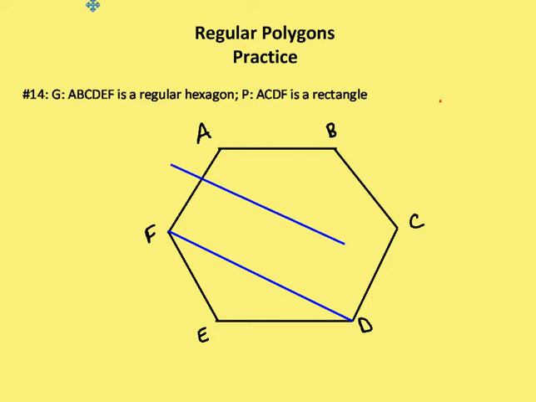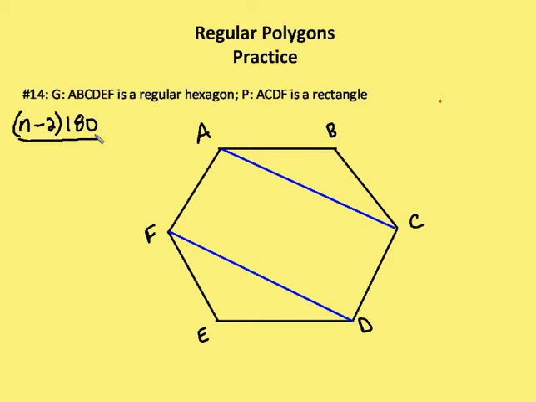I know that in a regular hexagon, the sides are congruent and the interior angles are going to be congruent. So let's figure out what the interior angle measure is for a regular hexagon. The formula for the interior angle measure of any polygon is the number of sides minus 2 times 180, which is the sum of the interior angles divided by the number of sides.